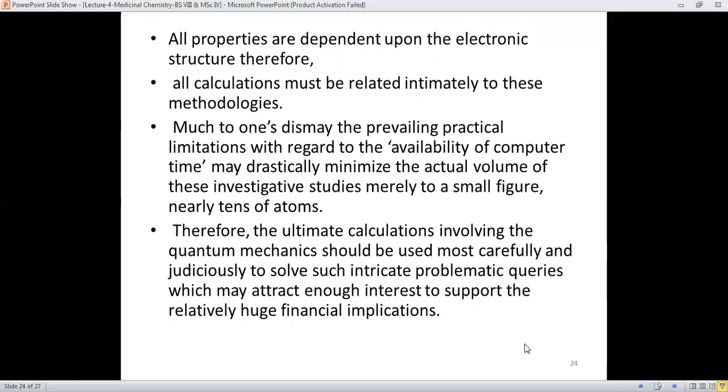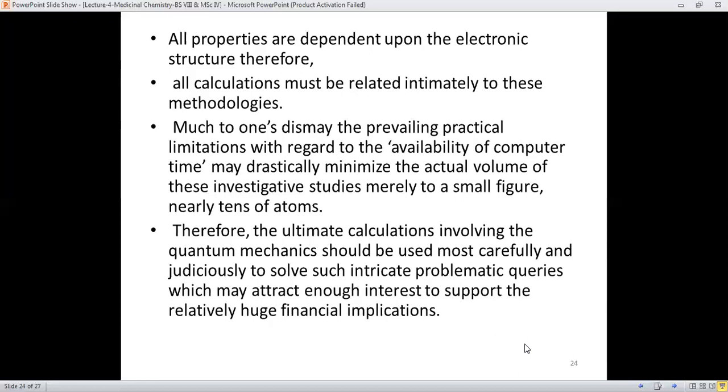It means that due to the involvement of computers and software, the studies which were nearly hit and trial, which were going to consist of large drug designing, are going to be summarized. Therefore, the ultimate calculations involving quantum mechanics should be used most carefully and judiciously to solve such intricate problematic queries, which may attract enough interest to support relatively huge financial implications.